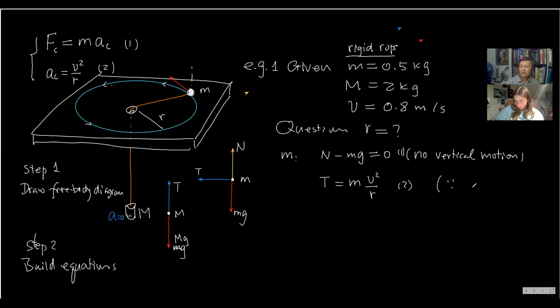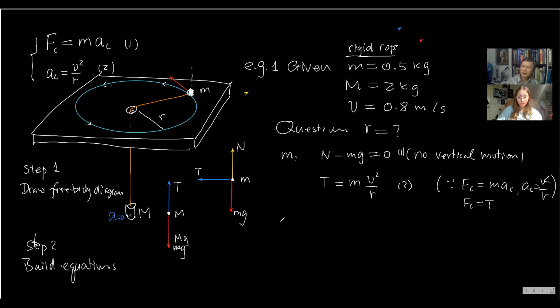We have used the formula Fc equals m ac, and ac equals v squared divided by r. In this case, the centripetal force is provided by this tension. So that is how we build the second equation.